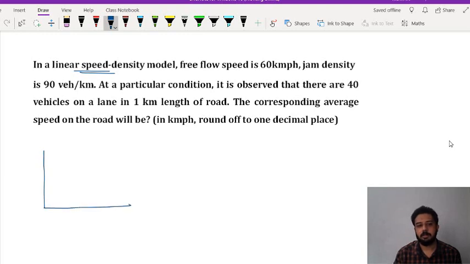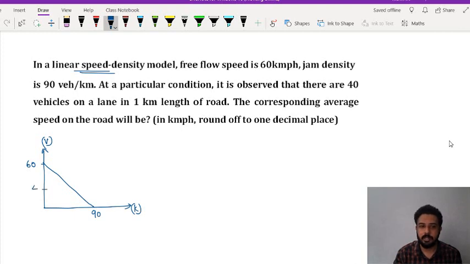They can ask you any question, so I am just drawing what they have given in the question for better understanding. 60 kmph, and you can draw on any axis, V on x axis or K on x axis, it's up to us, and it's going to be 90. Only thing is, whenever they are asking such a question, properly note it.